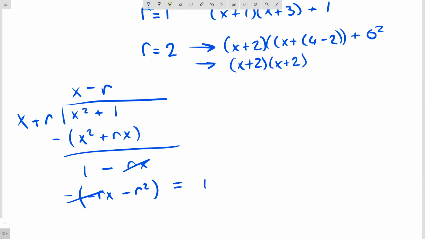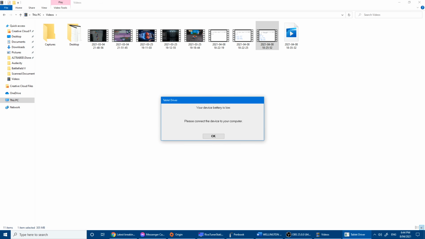So essentially we get 1 plus r squared, which, as you can see, is actually our quadratic back. So our remainder is the original quadratic in a way, but r is a different number. So this gives us the form x minus r, x plus r.